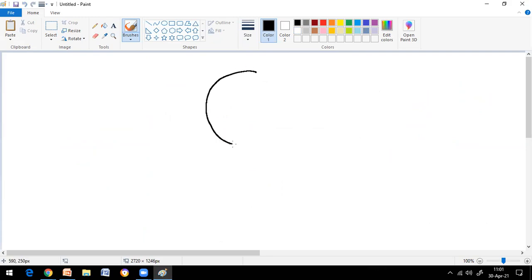See, this is your curved beam, which has some enough thickness, because all beams are made up of some plates.